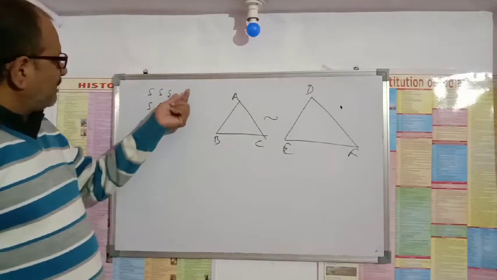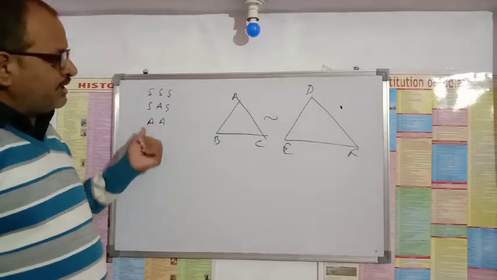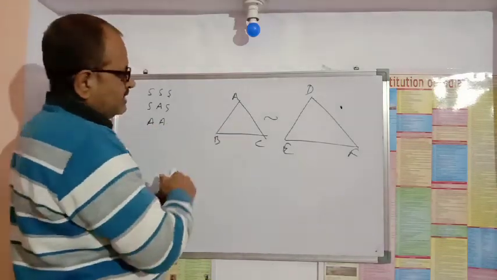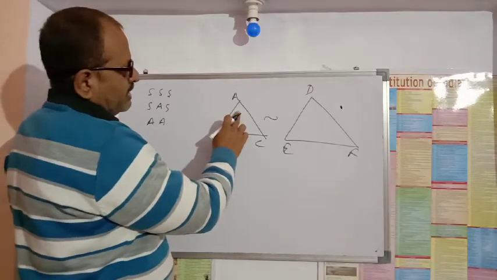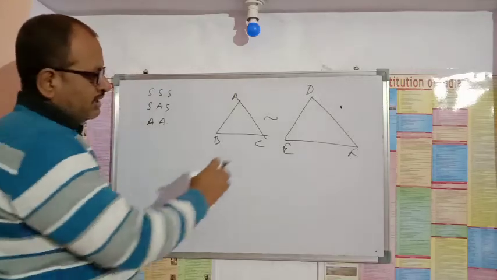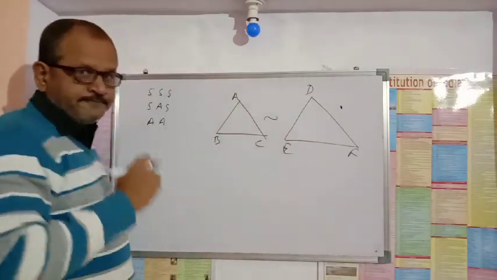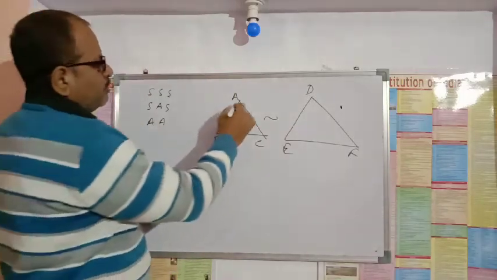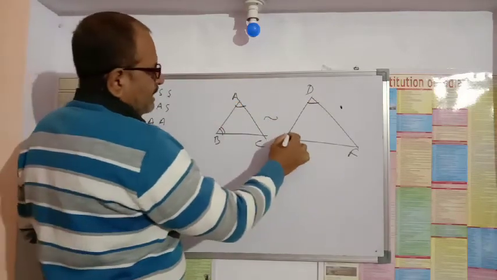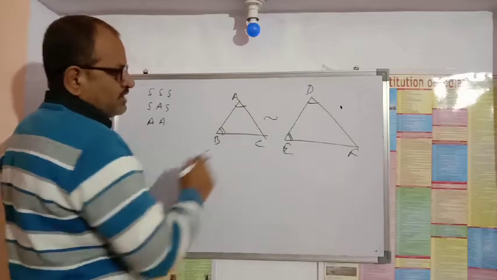I am going to tell only about angle, angle similarity. If two angles of one triangle are equal to the corresponding two angles of another triangle, then both triangles are called similar. Suppose angle A and angle D are equal, and angles B and E are equal.